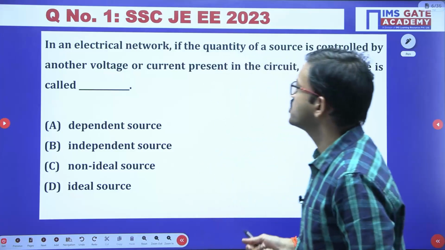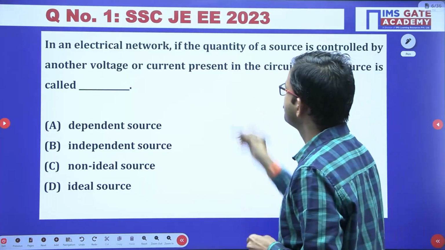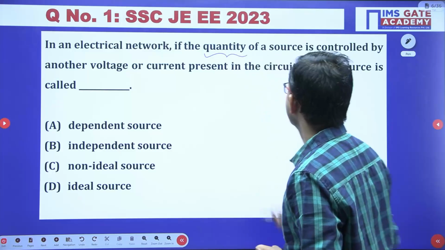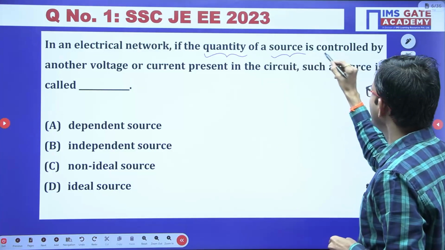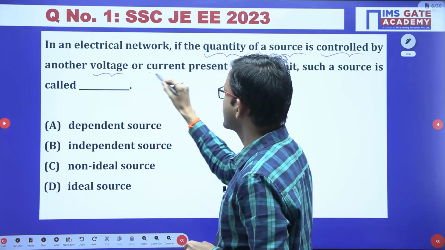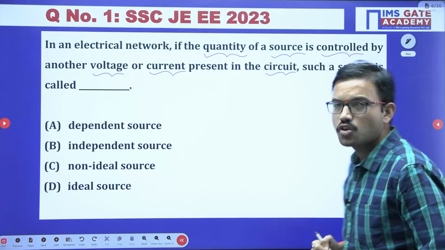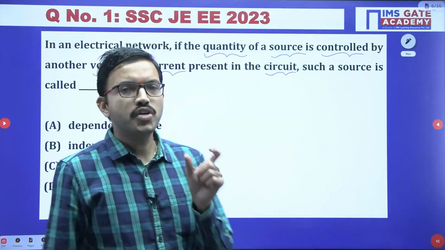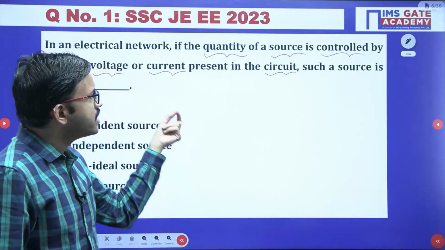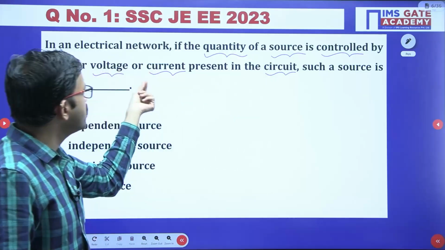Just observe here. In an electrical network, if the quantity of a source is controlled by another voltage or current present in the circuit, such a source is called as what? So you have a source, but that source is controlled by or dependent on another voltage or current.